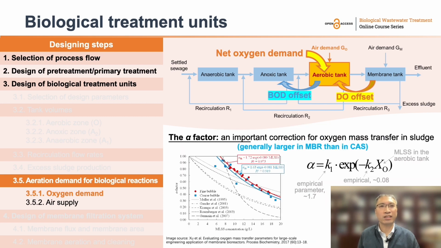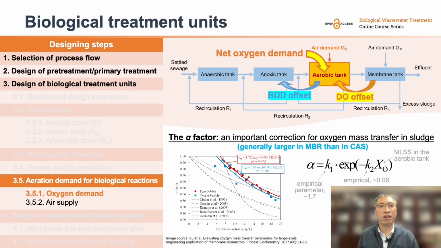The alpha factor is a very important correction factor for the mass transfer of oxygen in the sludge, which is critical to the design of the aeration amount. The alpha factor can be expressed as a function of sludge concentration, as shown in this equation.